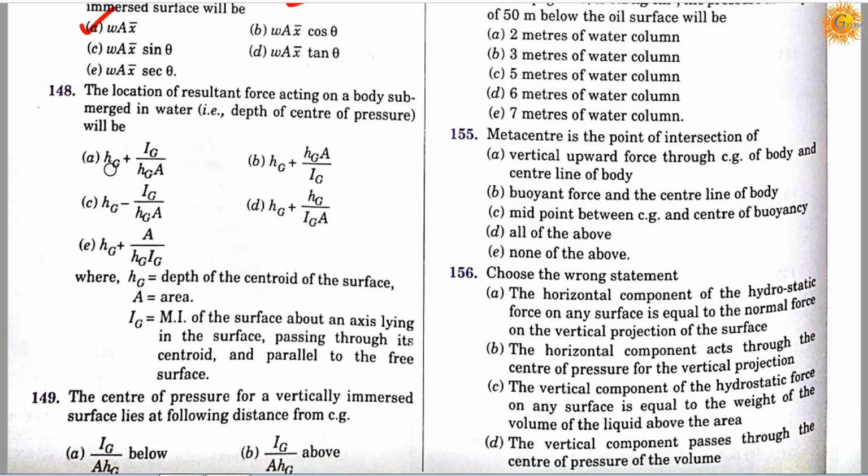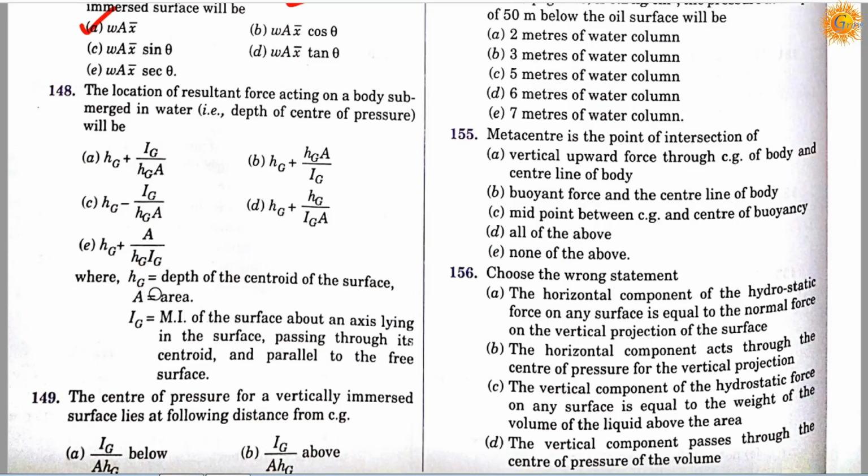Option A: Hg plus Ig upon Hga, option B: Hg plus Hga upon Ig, option C: Hg minus Ig upon Hga, option D: Hg plus Hg upon Iga, and option E: Hg plus A upon Hg and Ig.